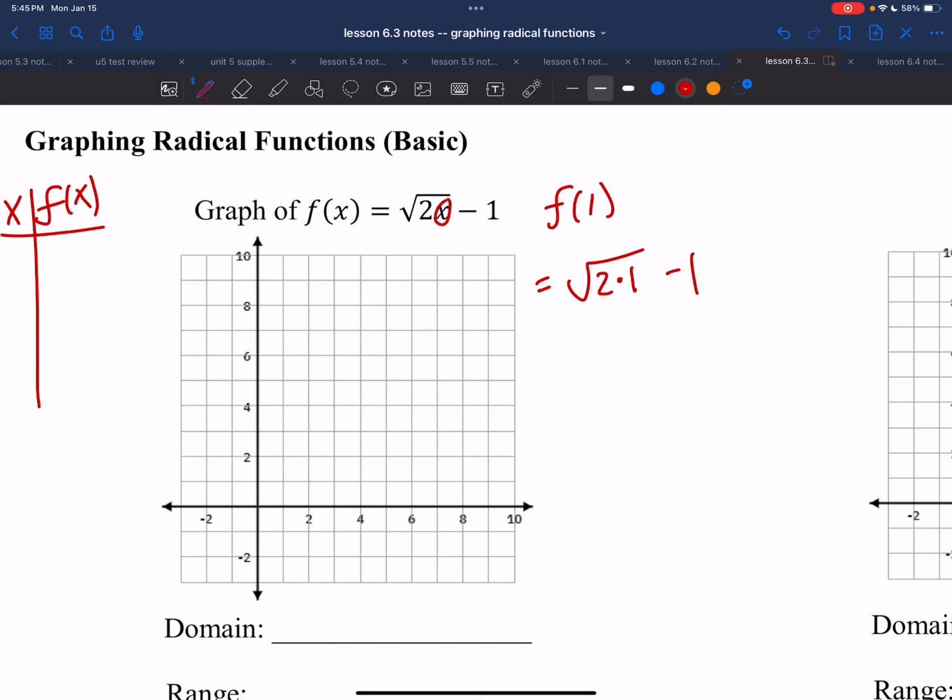I'm just replacing the x with a 1. But then this gets me the square root of 2, minus 1. Do you know what the square root of 2 is? It's irrational. You could estimate it to be roughly 1.414, then take off 1, and maybe plot that point. But we're going to avoid that.